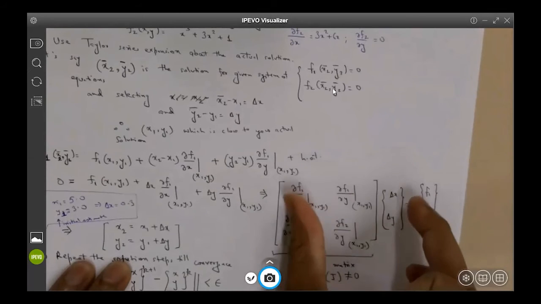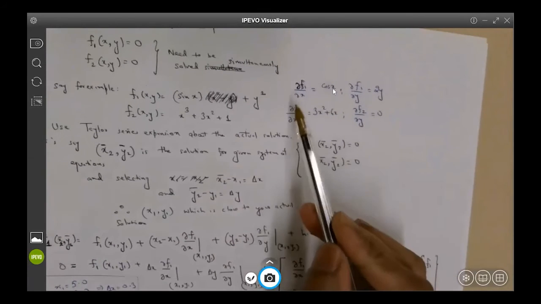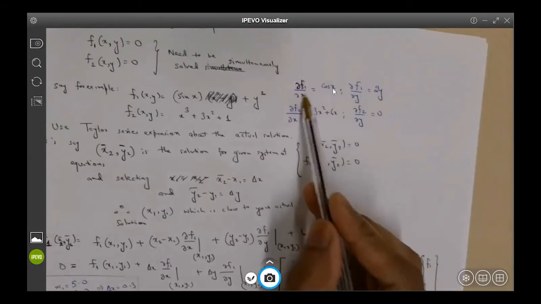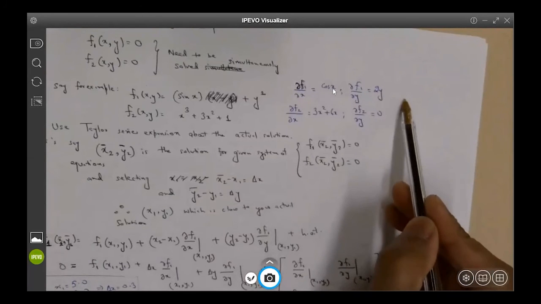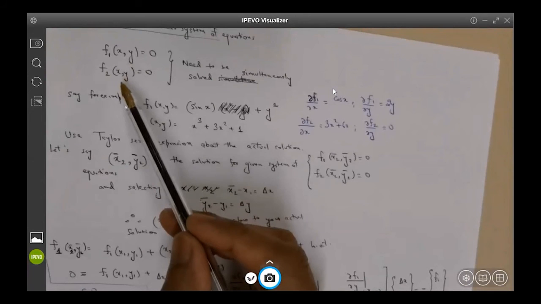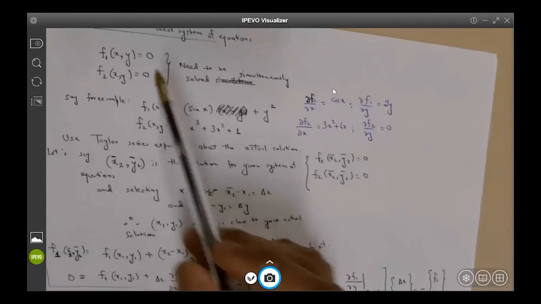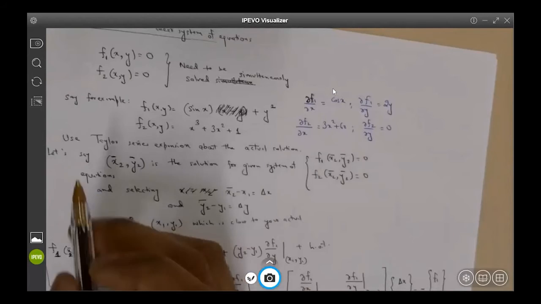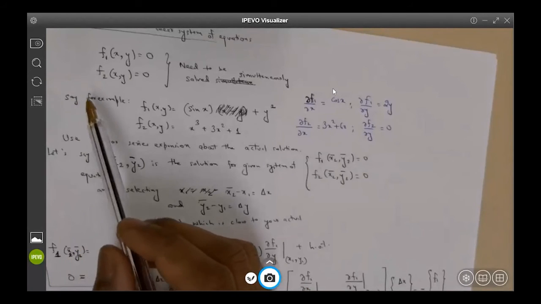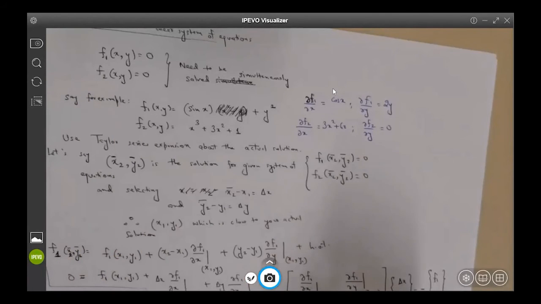So you will have a 3 by 3 matrix. Here you have the partial derivative of f1 with respect to x, with respect to y, and if there is a third dimension, you will have it with respect to z. So I believe your question was whether you can have it with f3, right? Yes.